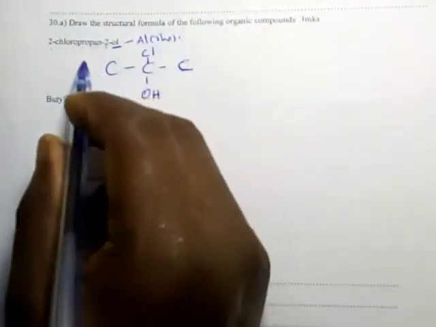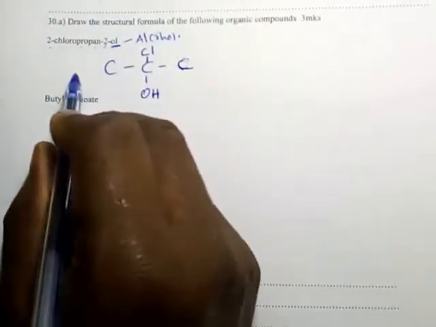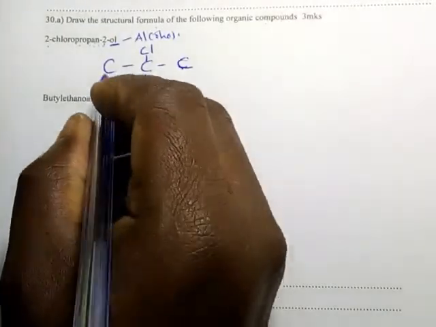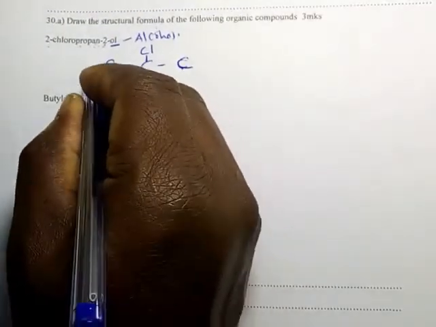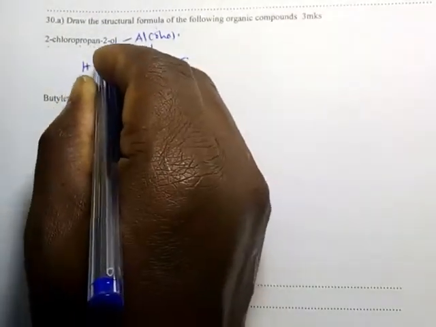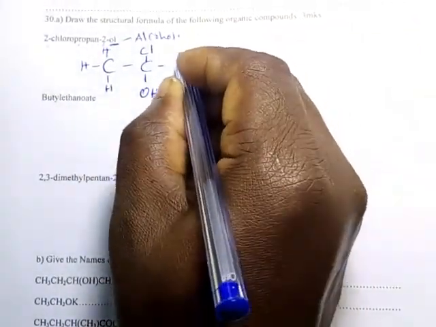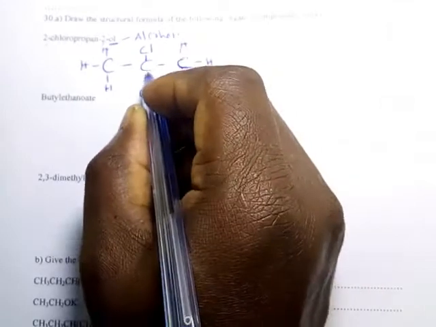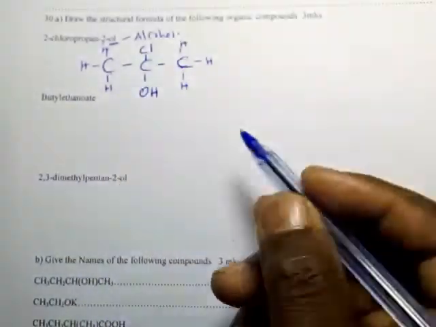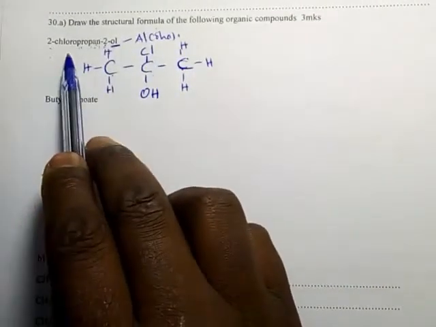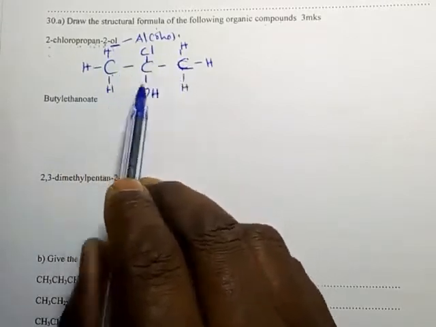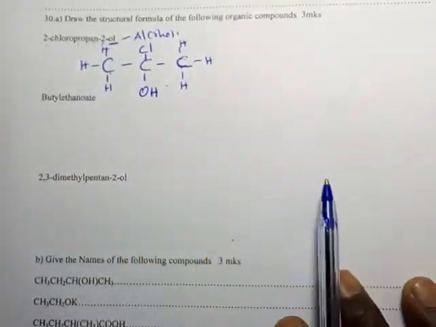After we have done that, the remaining part you fill with hydrogen atoms, ensuring that each carbon is surrounded with 4 covalent bonds. And this is the 2-chloropropan-2-ol structure. This is how it looks.